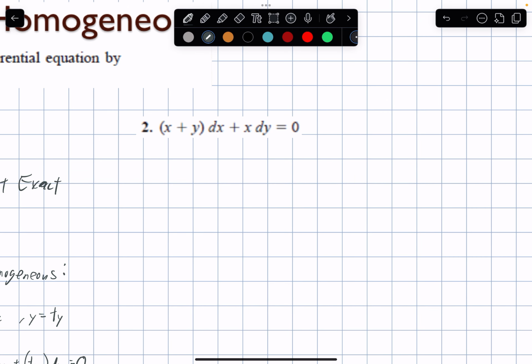So, this is not variable separable. Can you check if it's exact?